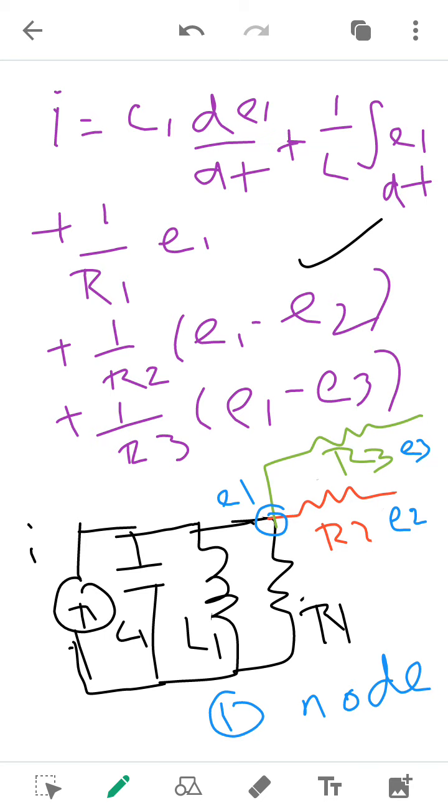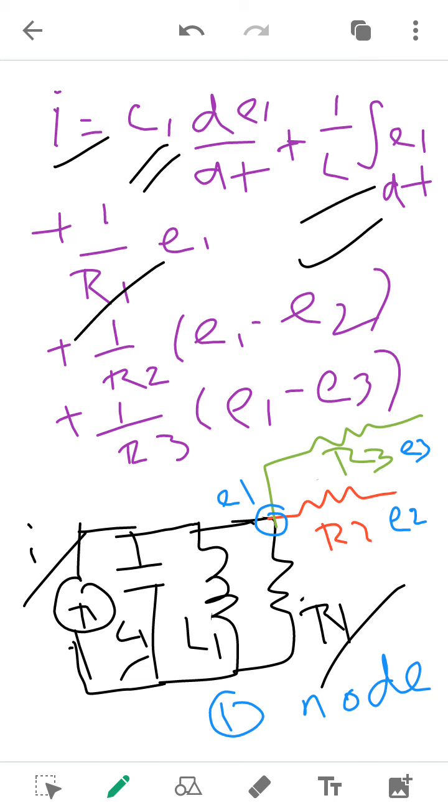Now we are to draw the nodal diagram. Here we are having a current source. I have represented the current source here, and this one is only for that particular node. So C1 I have represented here. Same for R1. R1 is present over here. Then L1 is also there. All are connected to the first node.